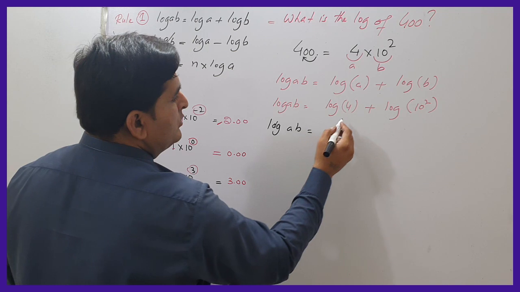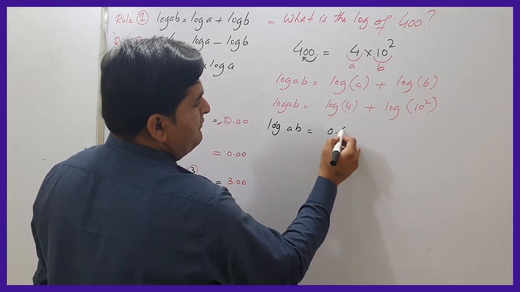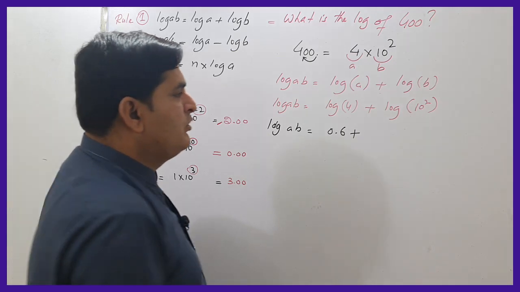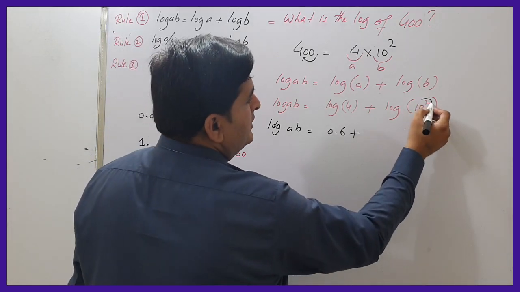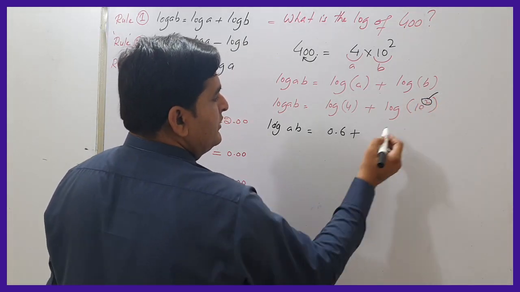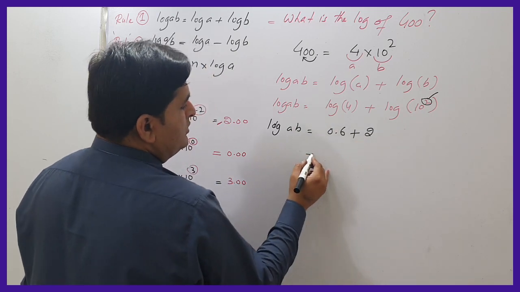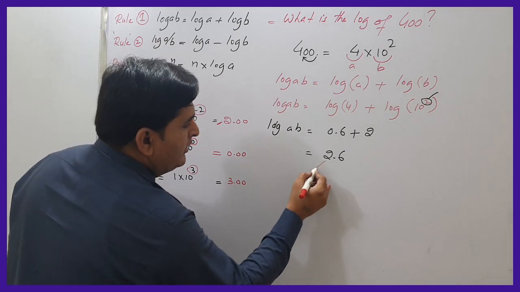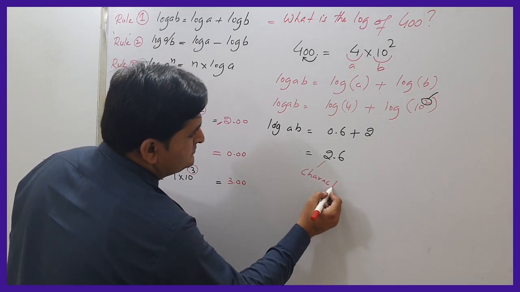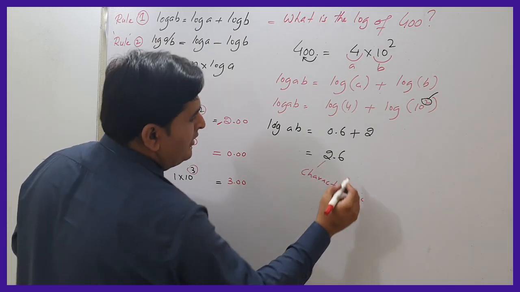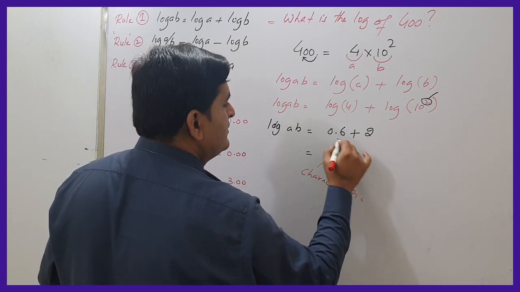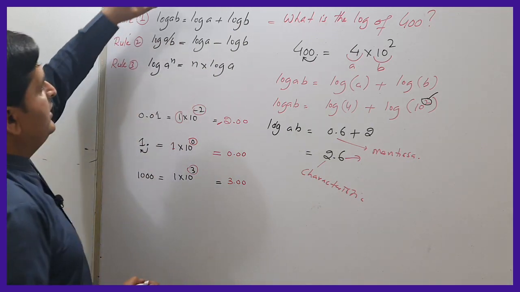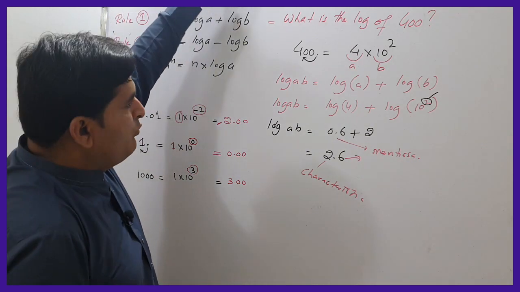The logarithm of 4 you can find from the calculator, that is 0.602. So I write only 0.6, and the exponent is itself a logarithm, so its logarithm is 2. So the value becomes 2.6. Now this 2 is the characteristic, while this 0.6 is the mantissa. So in this way we apply rule number 1.